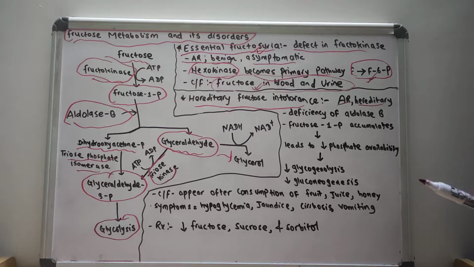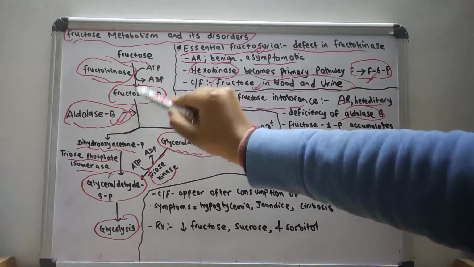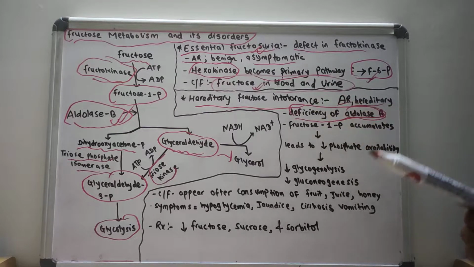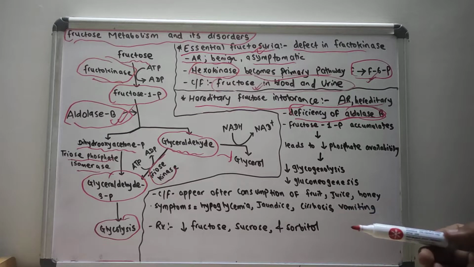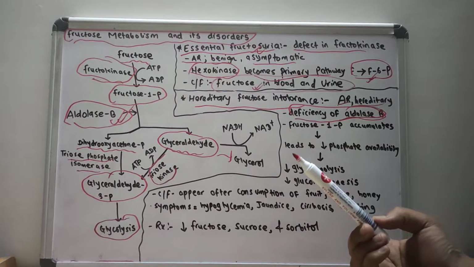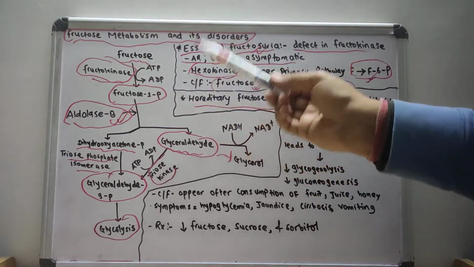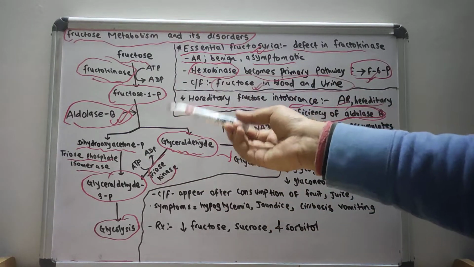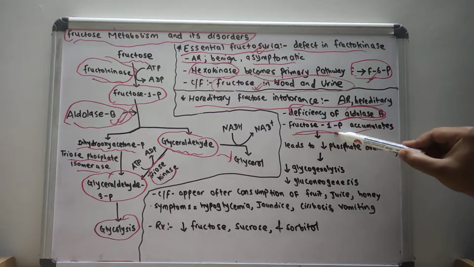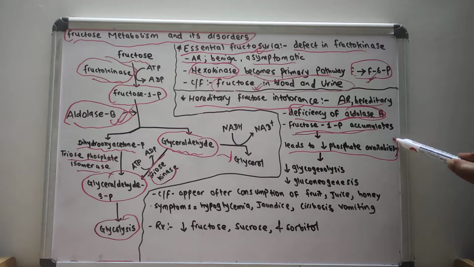The main enzyme deficiency in hereditary fructose intolerance is aldolase B. Here, when there is insufficient aldolase B, or deficiency of aldolase B, fructose 1 phosphate accumulates, because fructose 1 phosphate cannot be metabolized into dihydroxyacetone phosphate and glyceraldehyde. As the fructose 1 phosphate accumulates, this leads to decreased phosphate availability.